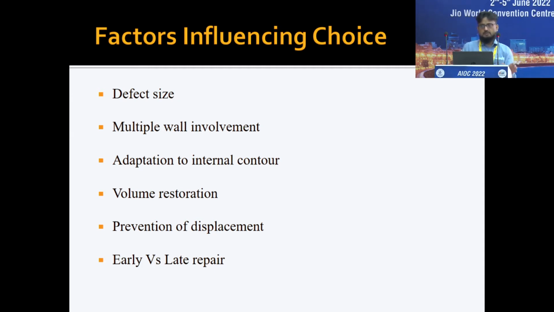Of course, the important thing is the defect size. What is the amount of enophthalmos? Are there multiple walls involved? Adaptation to internal contour. Do we need to restore the volume, or do we just want to correct the diplopia or EOM? And whether it's an early fracture or a fracture which has been there for quite a long time.